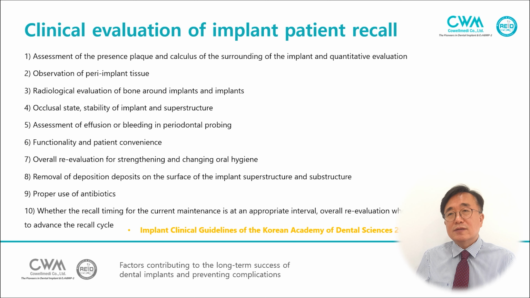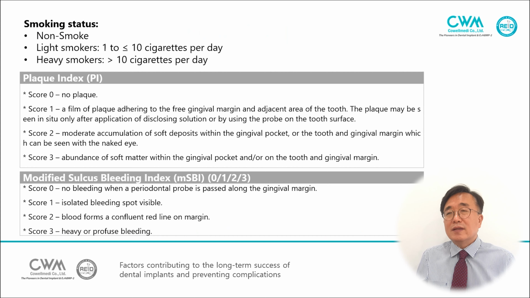So this record check has to be maintained for at least 5 years. And we have to check smoking status and plaque index, modified gingival index to evaluate gingival health, and X-ray.